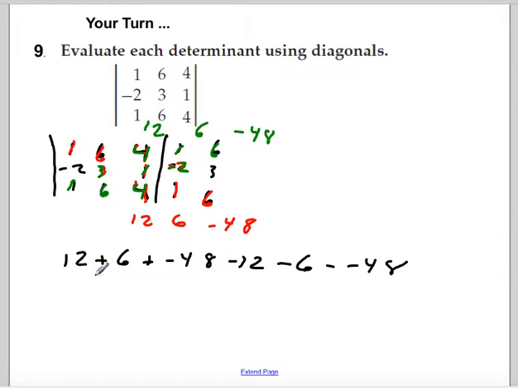So 18 minus 48 gives us negative 30, minus 12 is a negative 42, minus 6 there is a negative 48, and then minus a negative becomes plus, so negative 48 plus 48 gives us a result of 0. So our determinant on this one is just simply 0.